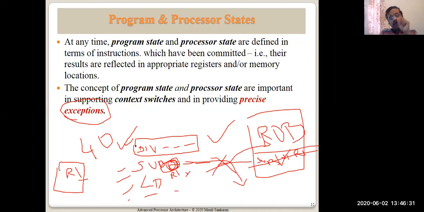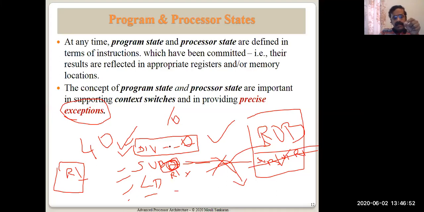Now, what abnormal situation can you get in a div instruction? All of you should be able to tell me the answer is a divide by zero error. It is one of the possibilities. Based on the operand, I may get a divide by zero error.